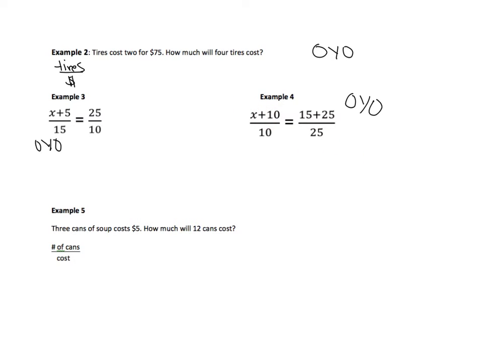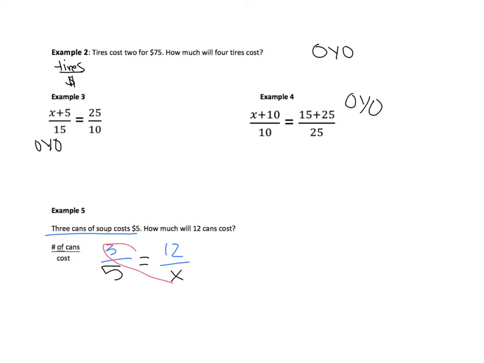Okay, so we're going to jump down to number 5. 3 cans of soup cost $5. How much will 12 cans cost? So we have number of cans over cost, which is our ratio setup. In the first part of this problem, we have 3 cans over $5. That's going to be equal to 12 cans, and we're not sure how much that costs.